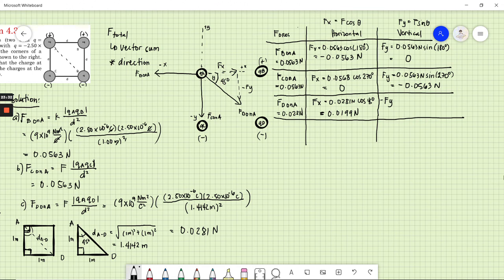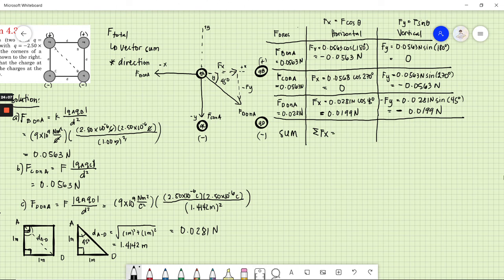So we just have to use the magnitude of our F D on A, that's 0.0281 newtons, multiplied by sine 45 degrees. After getting that, just add a negative sign. Again, it's because the direction of Fy is in the negative. So this is actually equal to negative 0.0199 newtons.